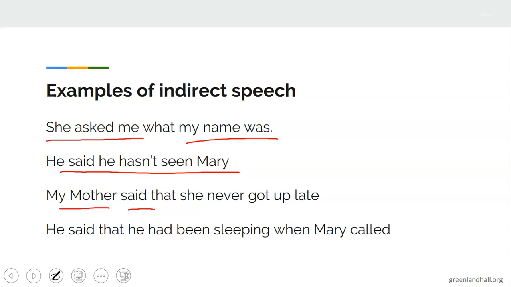He said that he had been sleeping when Mary called. Right now, all these from here, 1, 2, 3, and 4, are very simple examples of indirect speech, what we can also refer to as reported speech.